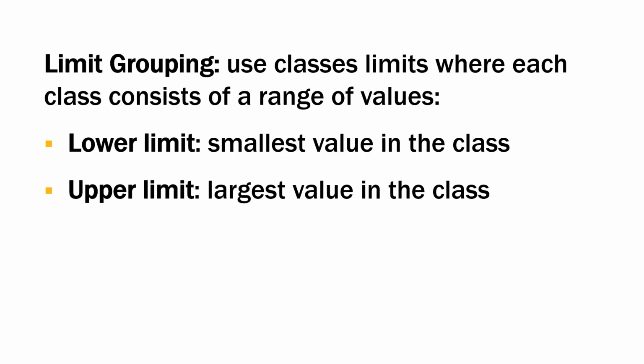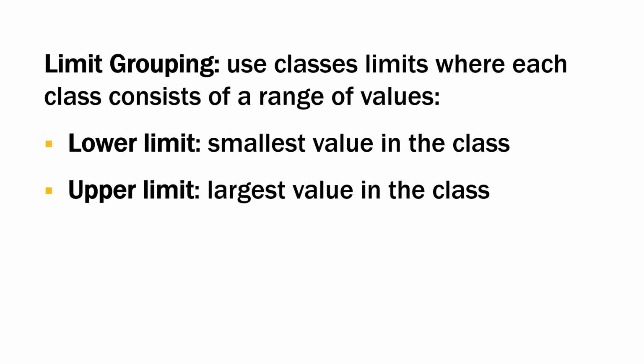So the single value grouping is pretty easy to employ, but we don't use it a whole lot with a lot of our quantitative data. And so there are some other methods that we're going to discuss. The next one is limit grouping. In this method, each class consists of a range of values. The smallest value that could go in a class is called the lower limit of that class, and the largest value that can go in that class is called the upper limit of that class.